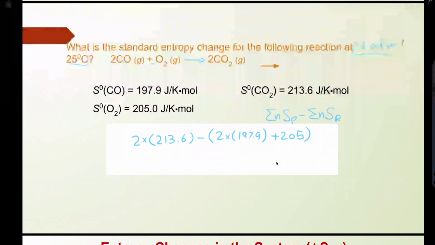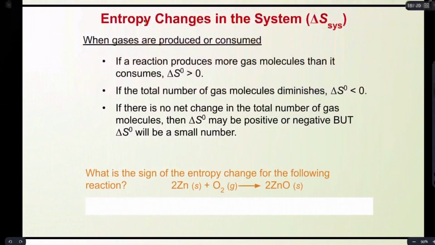After inputting that into our calculator, we will find that the answer for delta S is equal to negative 173.6, and the unit here is joules per K mole.